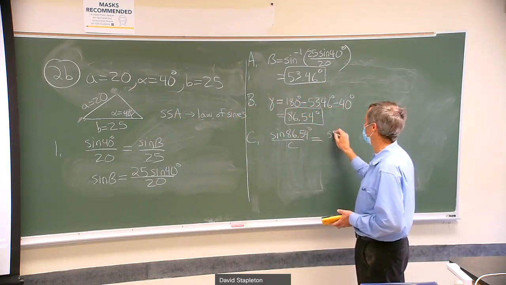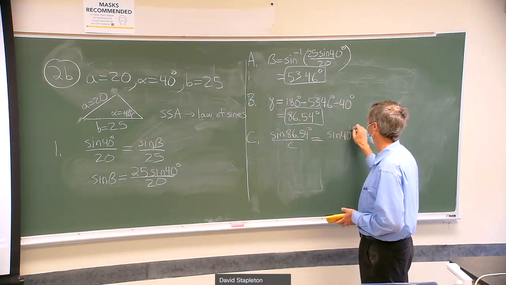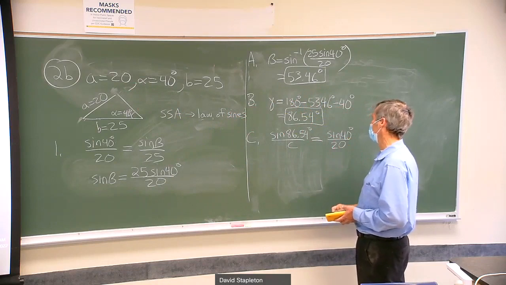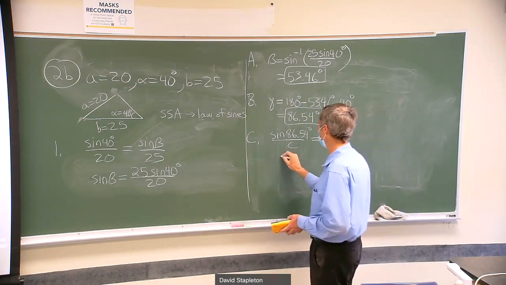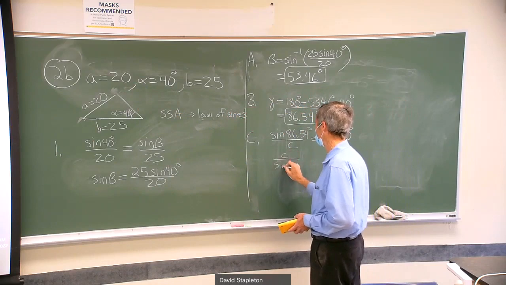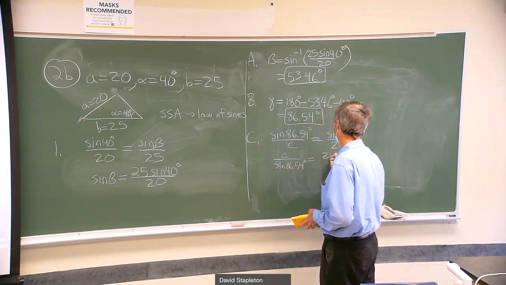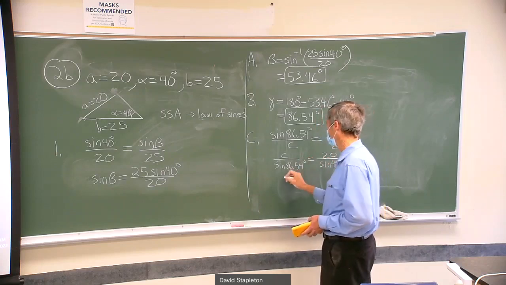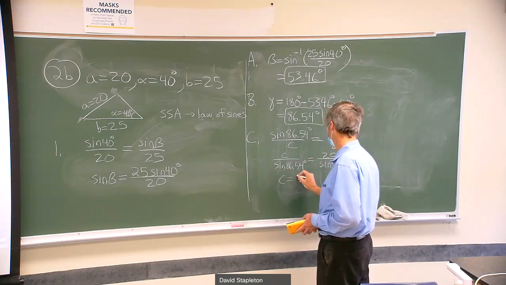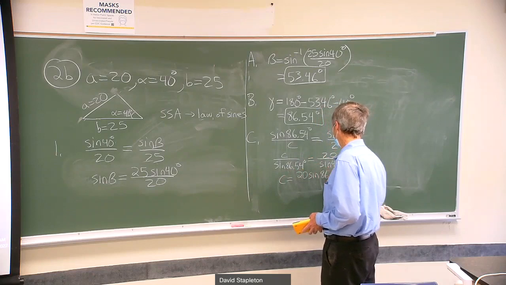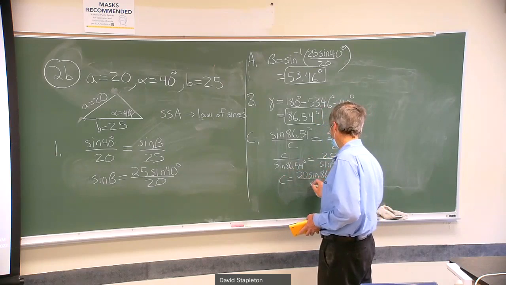So I have sine 40 degrees, alpha, is to A, 20. And now I can solve for C. Right? Once again, you can cross multiply or take reciprocals. All right. So C is to sine 86.54 as 20 is to sine 40. Multiply by sine 86.54 and get C equals 20 sine 86.54 over sine 40.